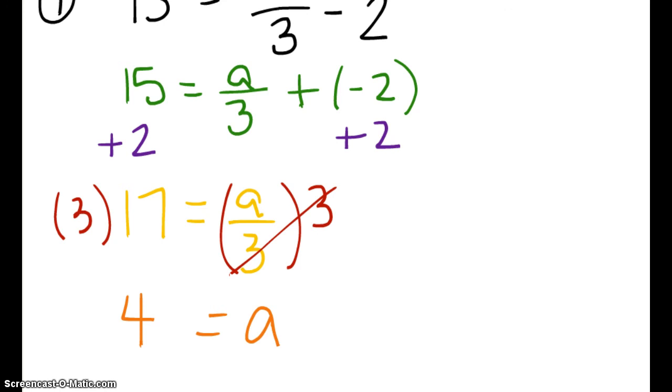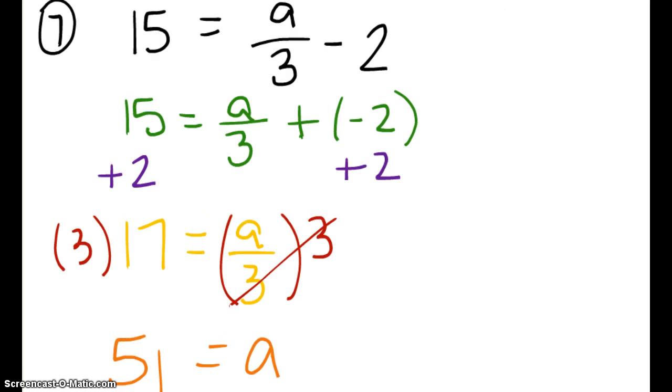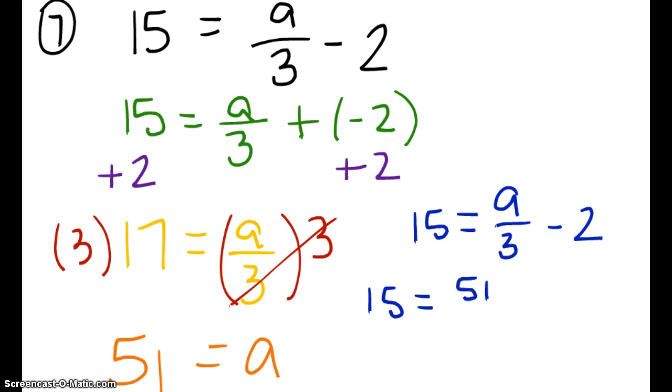Just kidding. It is 51. So we think a has a value of 51. So let's go ahead and plug it back in. 15 equals a divided by 3 minus 2. So 15 equals, let's do 51 divided by 3 minus 2.